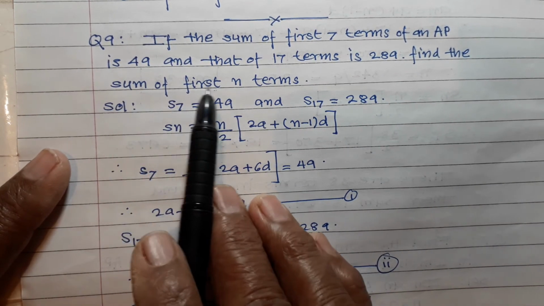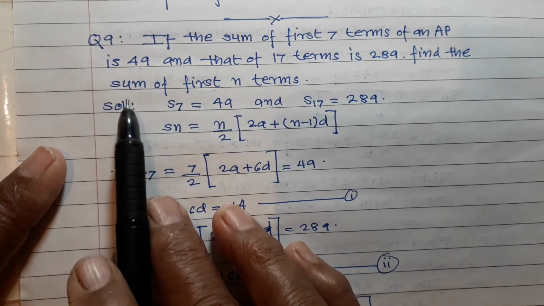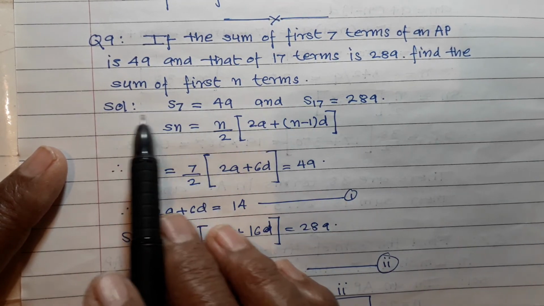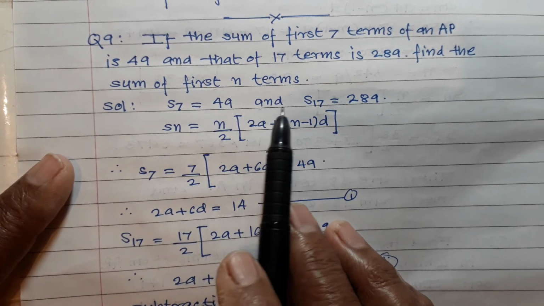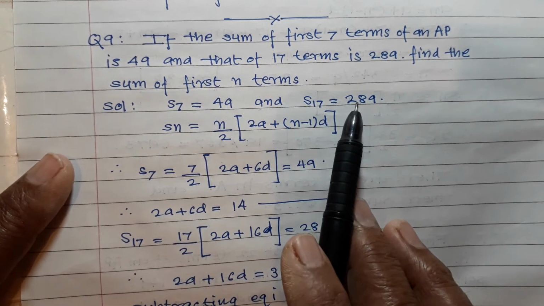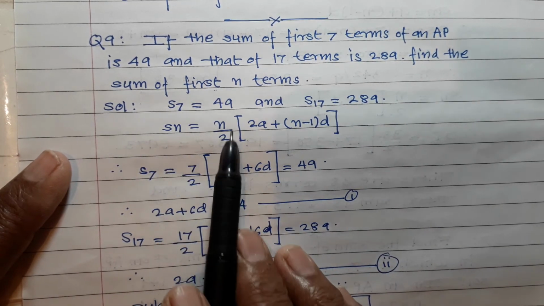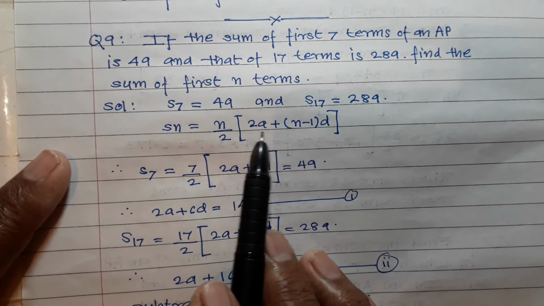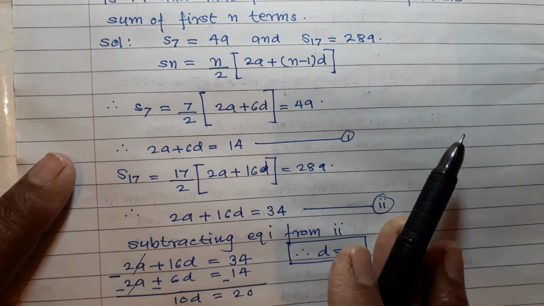Now, find the sum of the first n terms. Solution. S_7 is equal to 49 and S_17 is equal to 289.